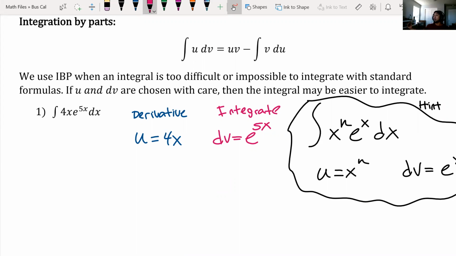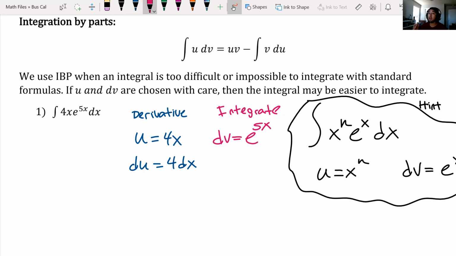We're going to find the antiderivative. Looking at u equal to 4x, when we take the derivative, it's going to be du equals 4 dx.